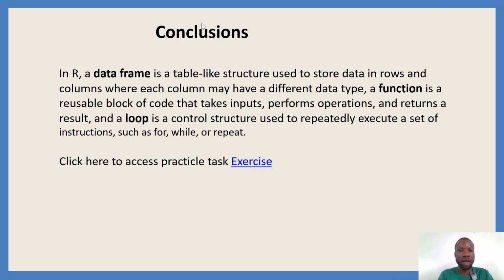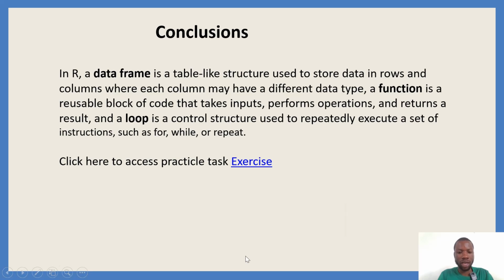And in R programming, we have seen the data frame and also the loops and the functions, but for us we are focusing on functions, where a function is a reusable block of code that takes input, performs the operations, and returns the result. And loops are a control structure used to repeatedly execute a set of instructions, such as while and repeat.